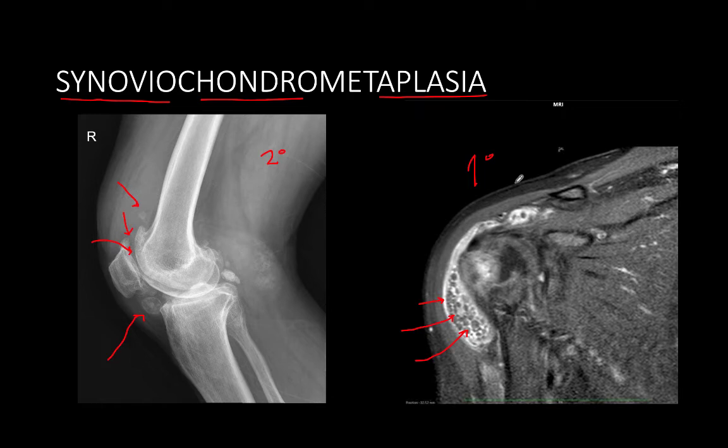So primary SCM is typically seen in young patients with a healthy articulation, many loose bodies, some of which are only chondral. So this is actually a good example. These loose bodies are not calcified. We can tell they're not because cortical bone is typically low signal.